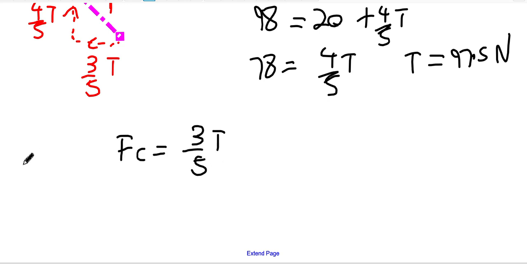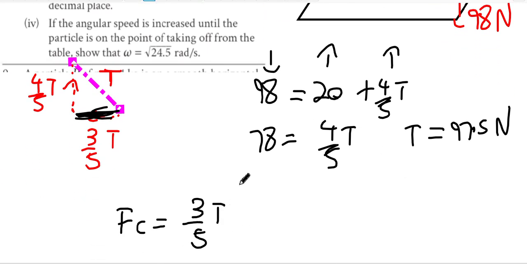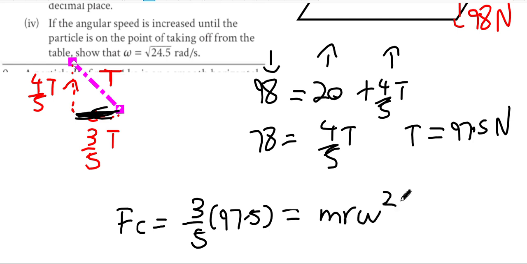How do I know it's 3 over 5 T? It's in this direction here, isn't it? That's the only horizontal component aiming towards the center of the circle. And we replace T with 97.5. Because I broke it up into its components. The tension was going diagonal. And when we did forces up versus forces down, we used the 4 over 5 T, which is going directly up.